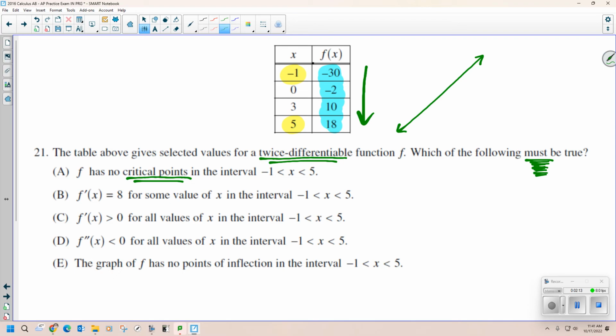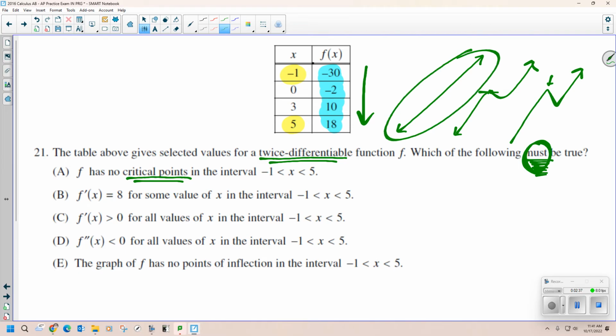A 0 is a horizontal tangent line, so I can go up and create a situation where that is true. Or a corner, where it's undefined here, is also a critical point that increases. But it doesn't have to be true all the time, because I can create this, which would make choice A not be one of those things that must be true no matter what we do.